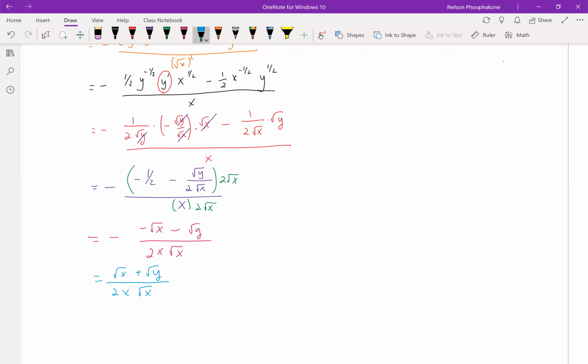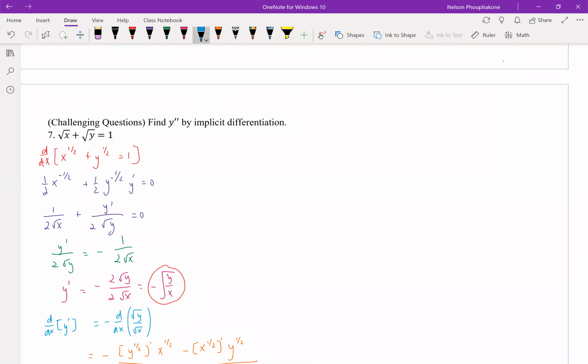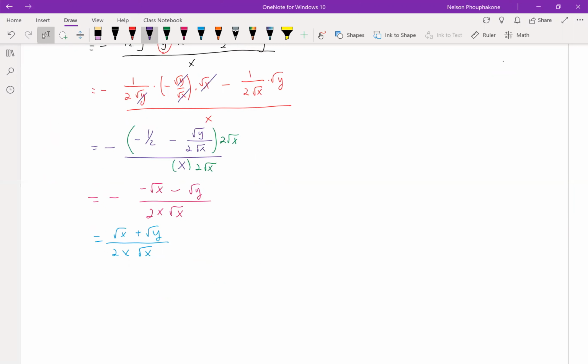Now if you remember, square root of x plus square root of y is equal to 1, so you can plug it in, which is equal to 1 over 2x square root of x. So this is my answer here.